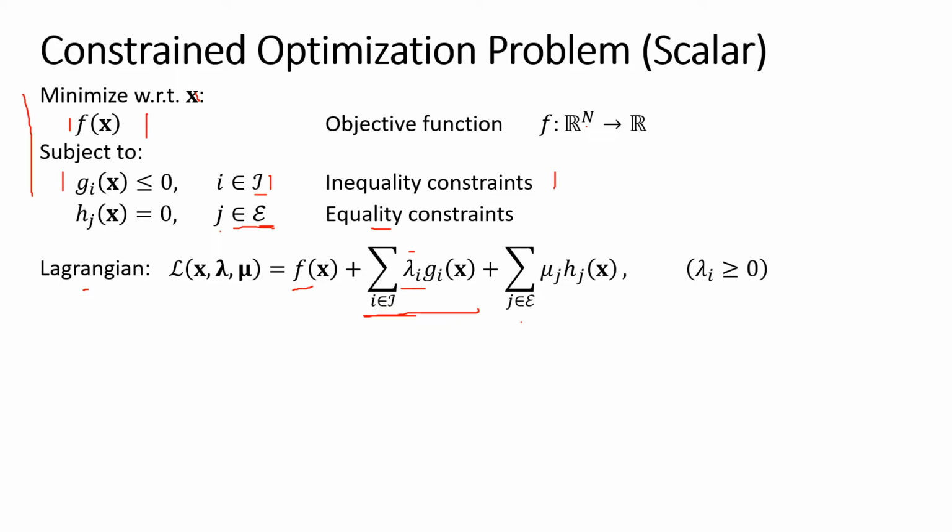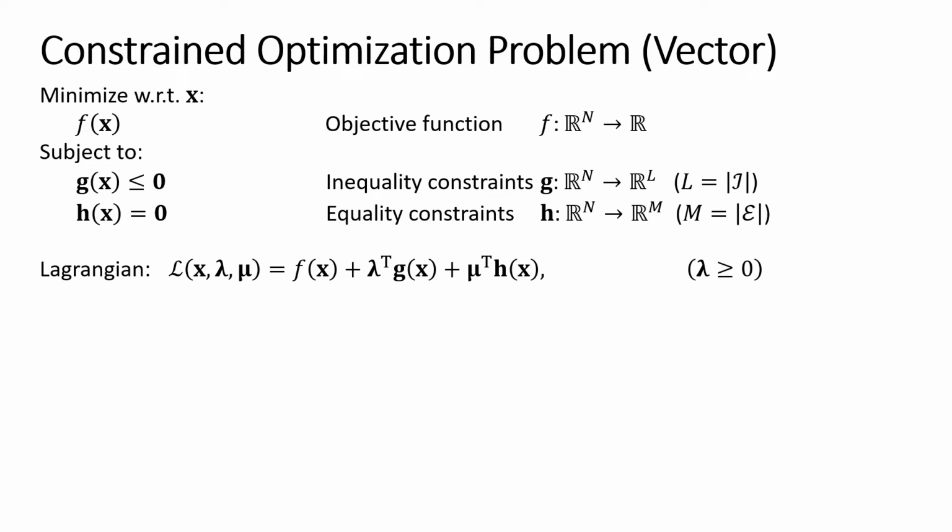And the third term is summation mu_j h_j of x. Mu_j's are again Lagrange multipliers, but they correspond to the equality constraints. The Lagrange multipliers lambda_i's that are for the inequality constraints must be greater than or equal to 0. There is no such constraint for the mu_j's.